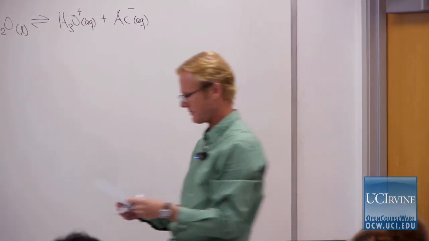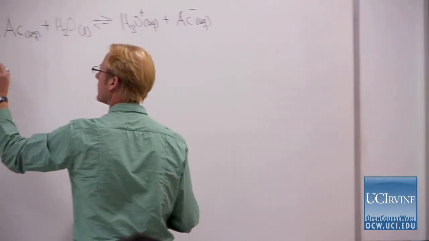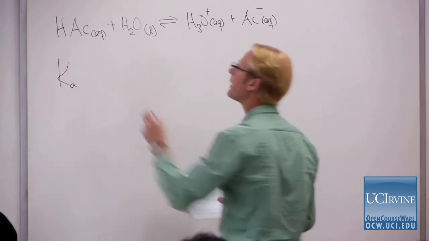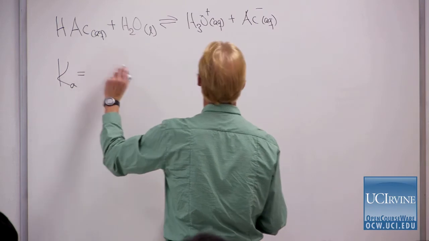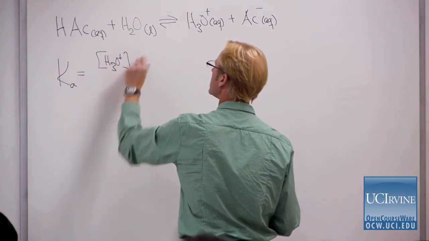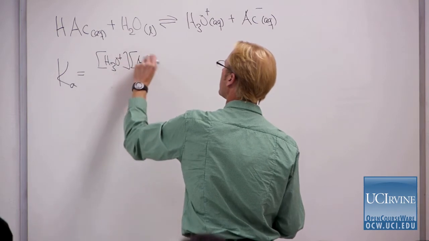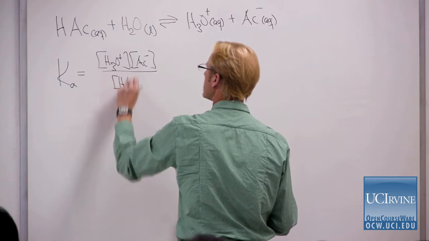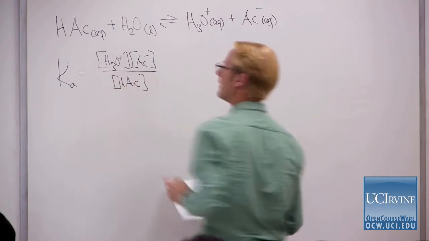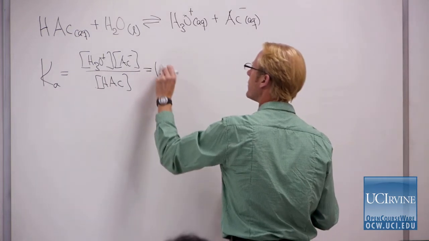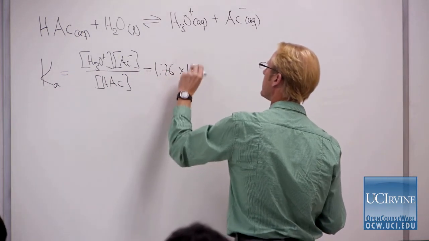And we remember from general chemistry that we can write down the law of mass action in terms of the acid dissociation constant as the concentration of H3O plus times acetate divided by the concentration of the undissociated acid. And for acetic acid at room temperature, that's 1.76 times 10 to the minus 5.